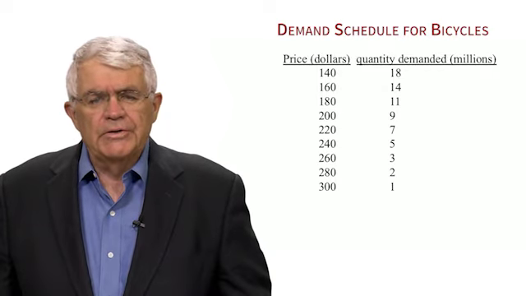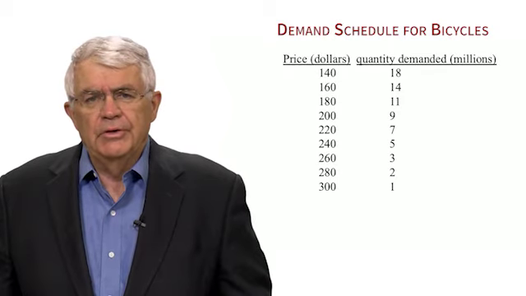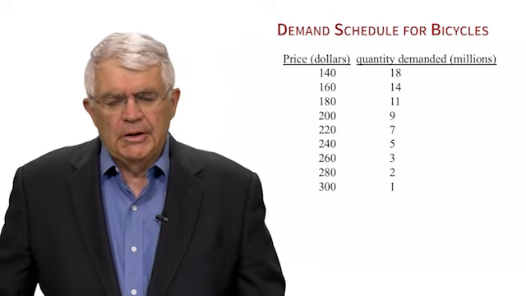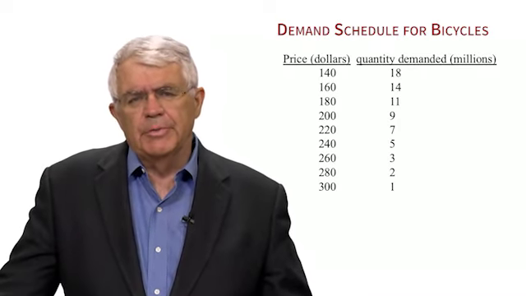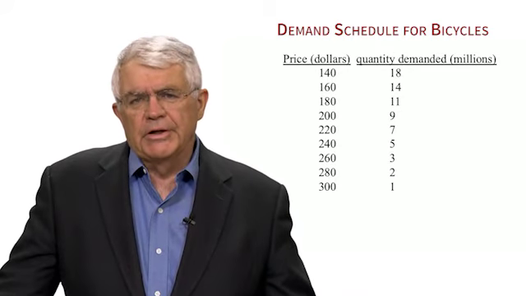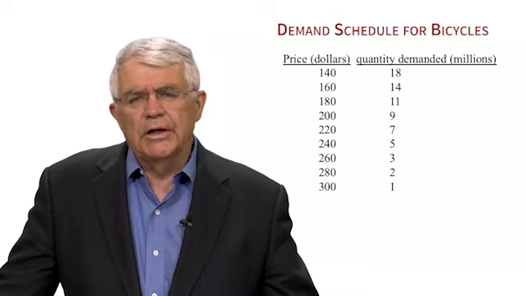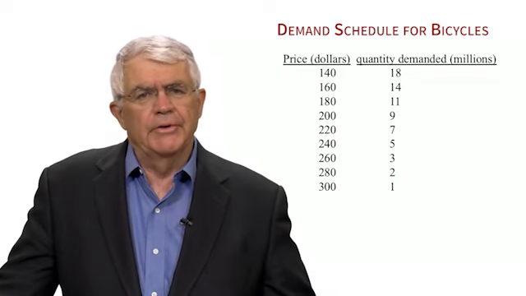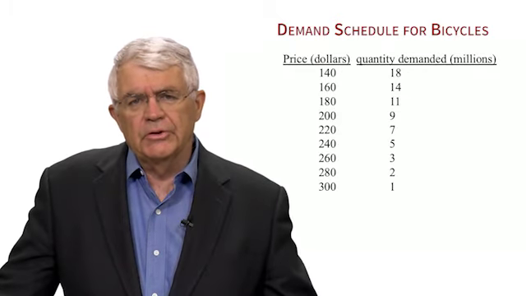So when the price rises from $140 per bike to $160 a bike, the quantity demanded goes from 18 to 14. And that makes just common sense if you think about it yourself. If bicycles become more expensive, then fewer people will decide to buy a bicycle. They might just want to walk instead, or to use their rollerblades or whatever it happens to be if the bike gets more expensive. And so that reduces the quantity demanded.